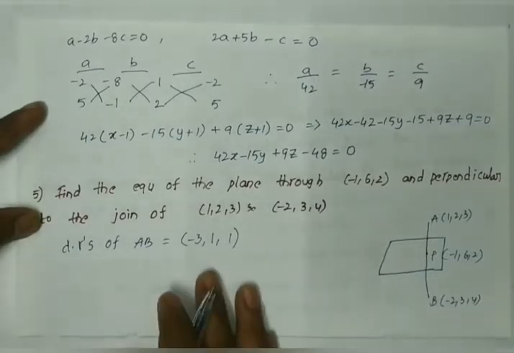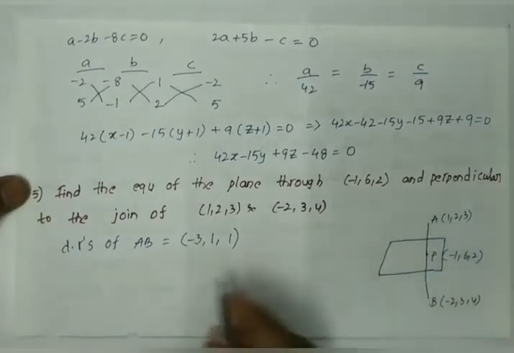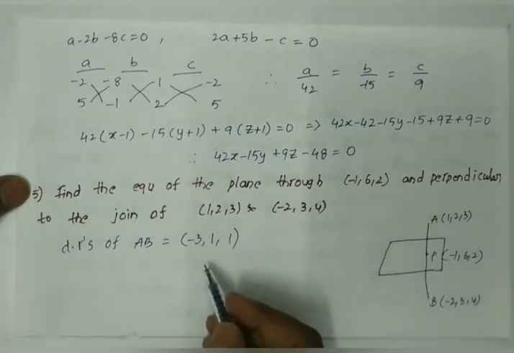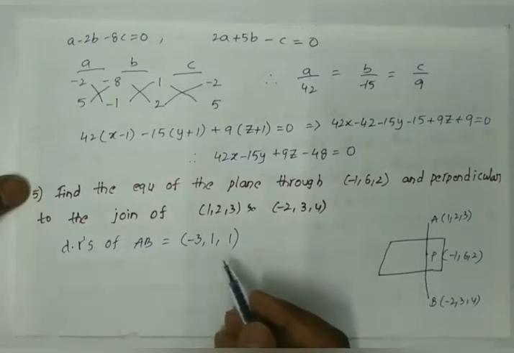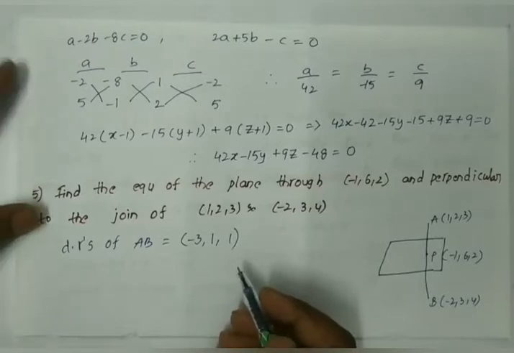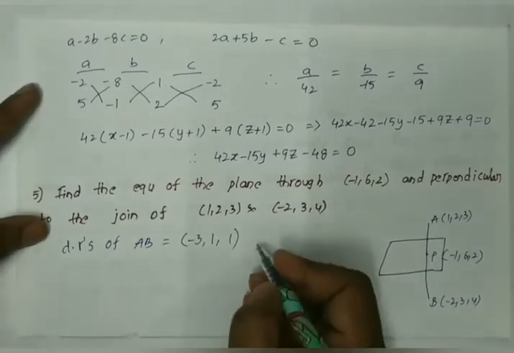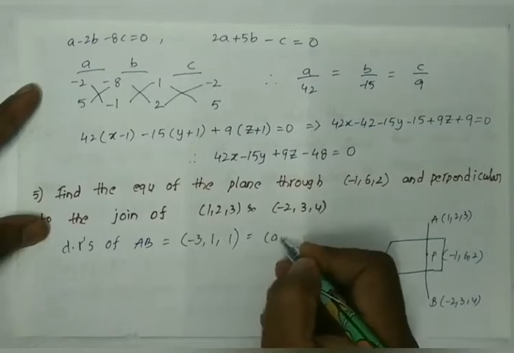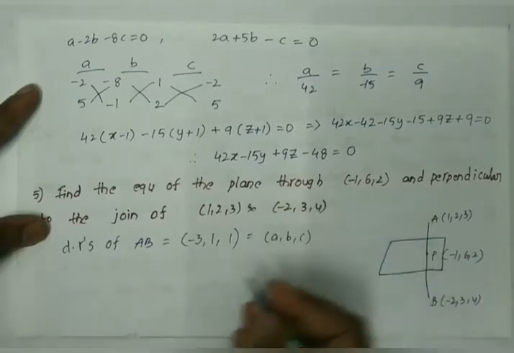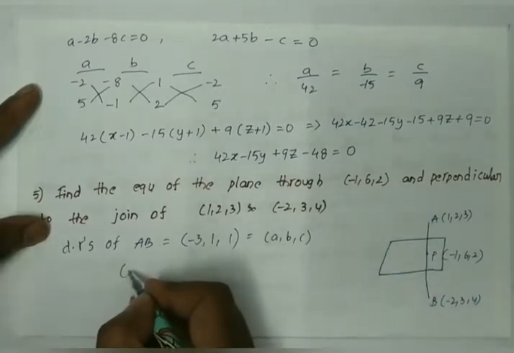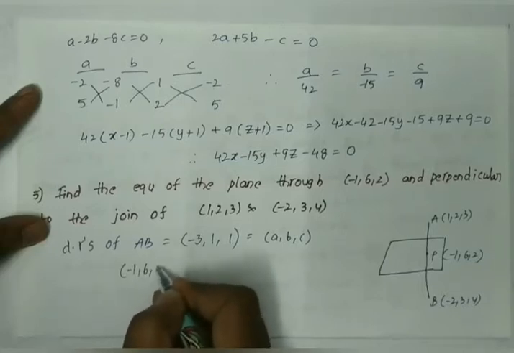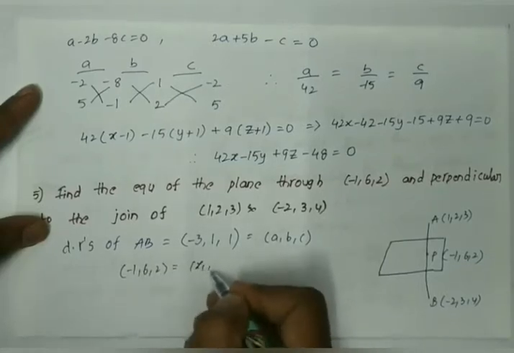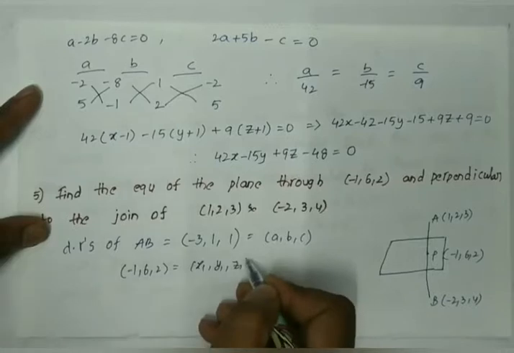Already we know that if we have a point and direction ratios, then we can find the equation of a plane by using the formula a into x minus x1 plus b into y minus y1 plus c into z minus z1 is equal to 0. If you observe, students, here we have direction ratios, that is a, b, c, and the point -1, 6, 2 is x1, y1, z1.